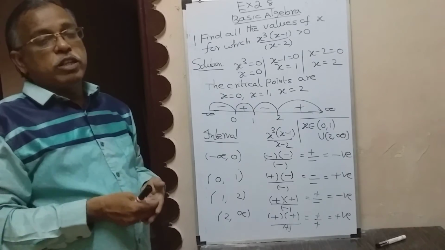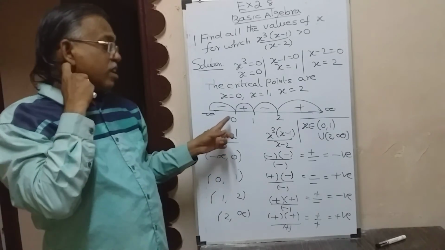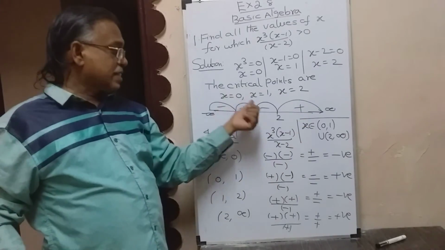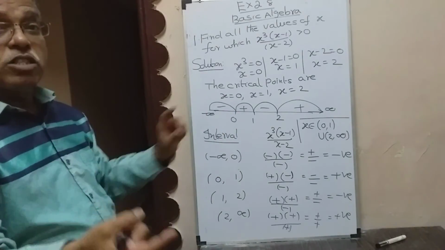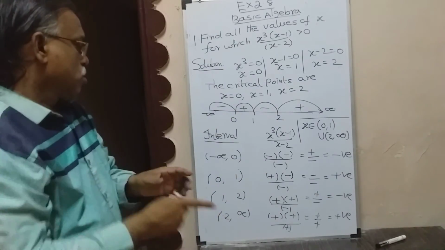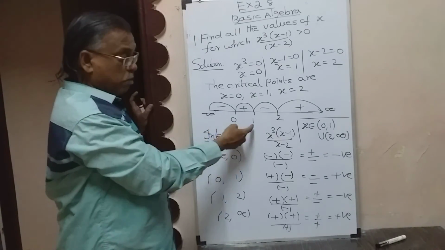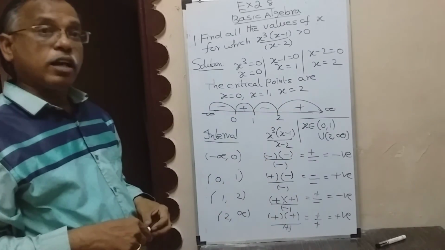We have covered everything, you should not just check some one value. Then how will you divide into intervals? More than the greatest value, less than the least value, and in between values. So the intervals are: minus infinity to 0, first interval; 0 to 1, next interval; 1 to 2, next interval; 2 to infinity, another interval.